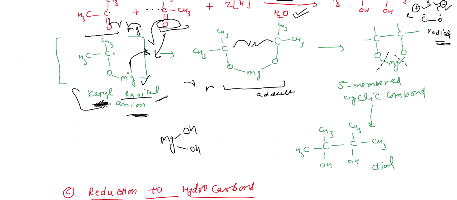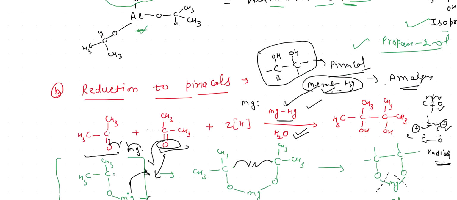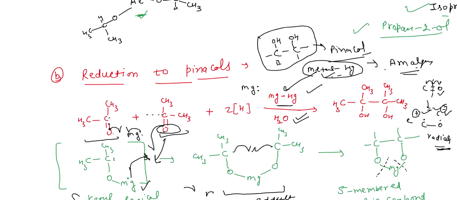You can write it like this, Mg(OH)2, and this is your diol. So this is known as pinacol. In this, the OH groups are present on adjacent carbons. So in this way, you can also form pinacol, but the condition is the reagent you are using is metal amalgam and water. Clear? Okay.